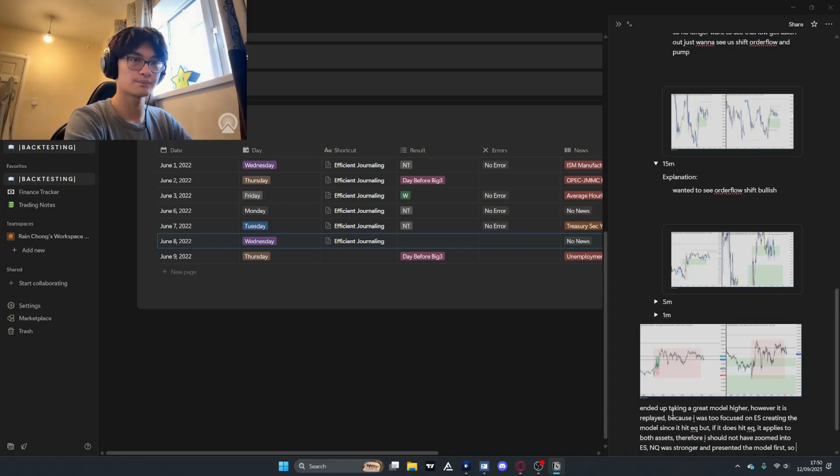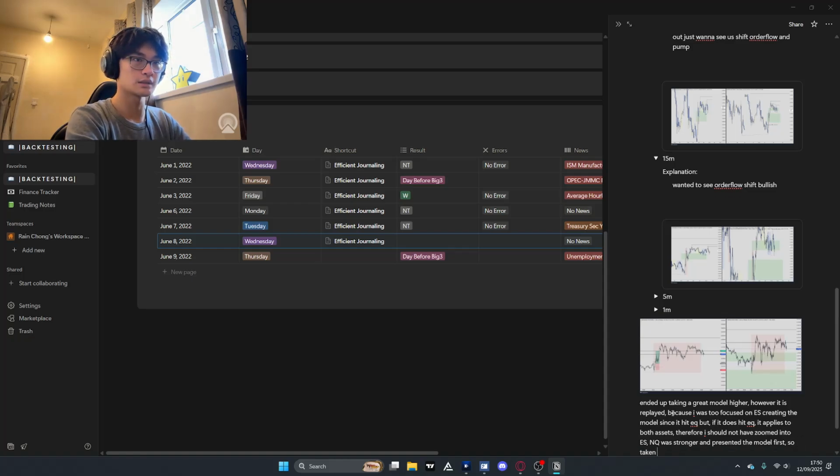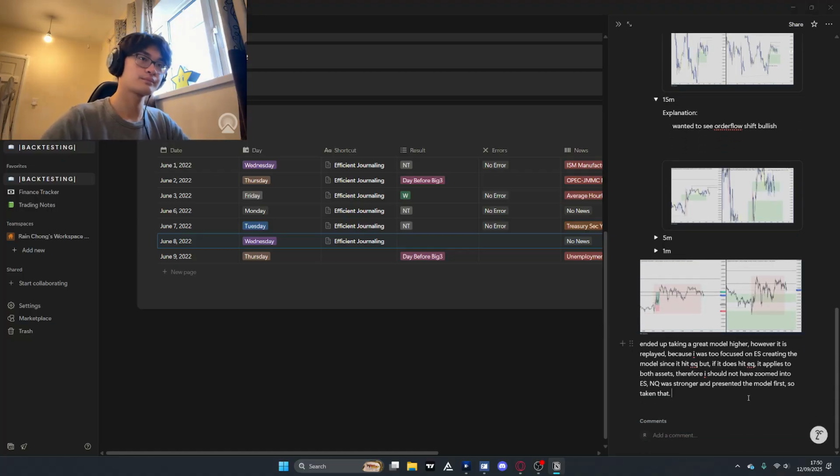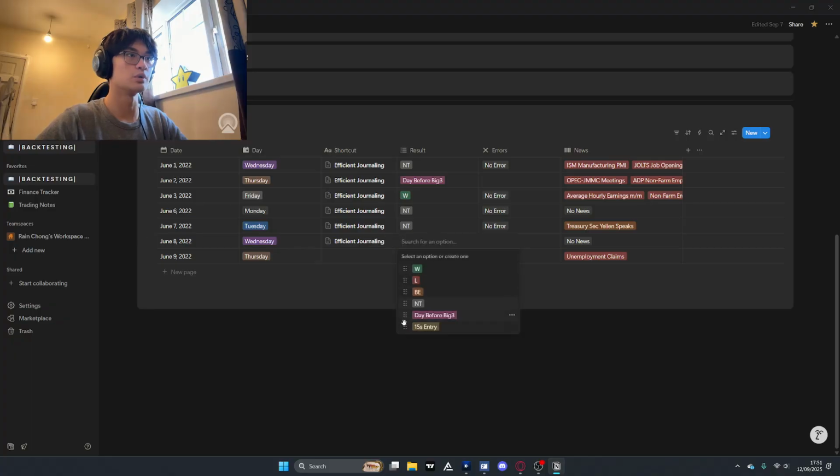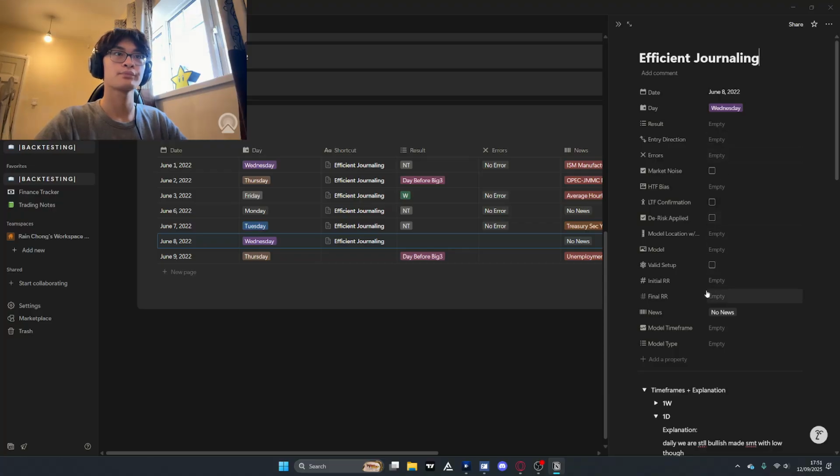I don't think replay is doing the model a disservice. And there it is. And this would be a 1 minute entry. So model time frame, 1 minute entry.